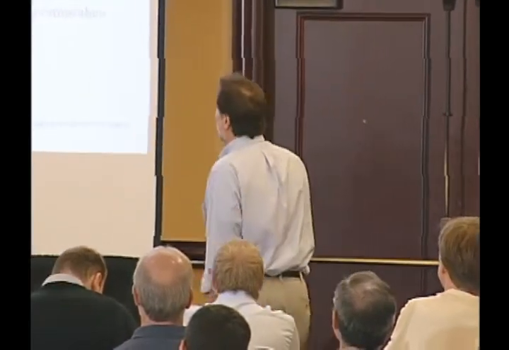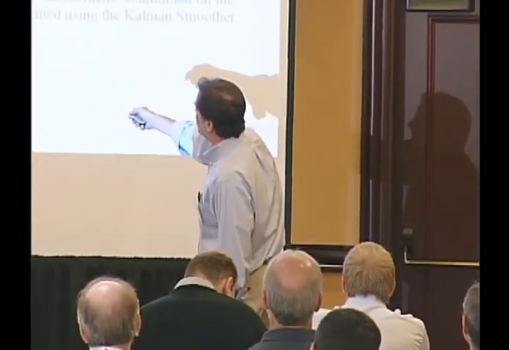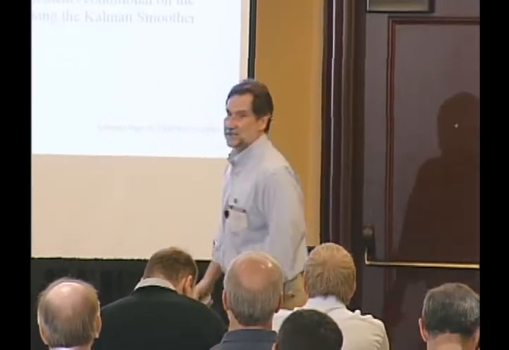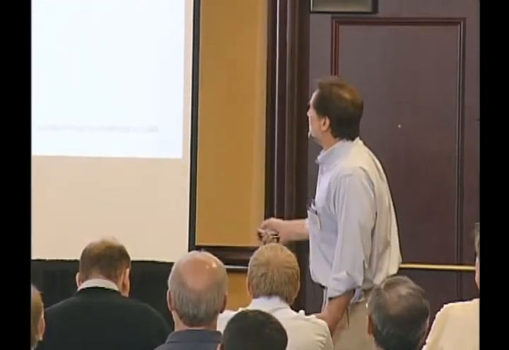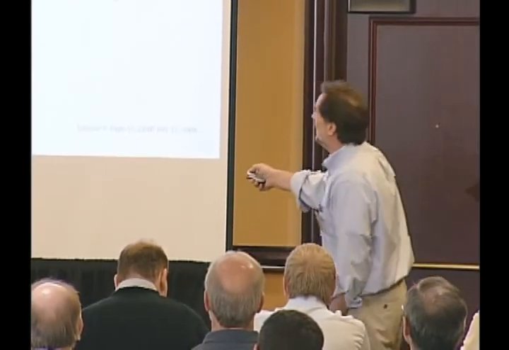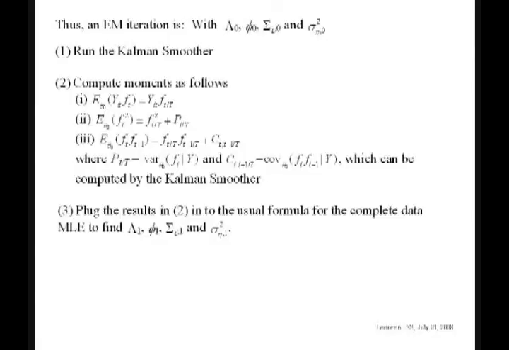So now what do you have to do? All you have to do is find the expected value of all these sufficient statistics, right? And that, of course, turns out to be easy. The Kalman filter smoother tells you how to do that. You have to compute guys like, what's the expected value of y times f? Well, that's y times f, right? What's the expected value of f squared? Well, that's its mean squared plus its variance, right?